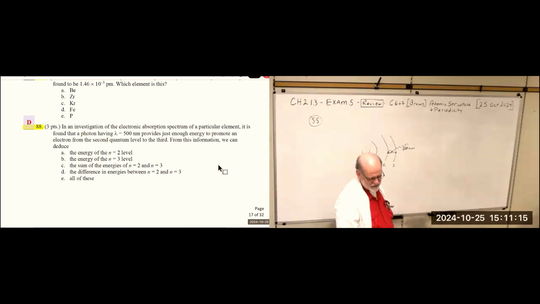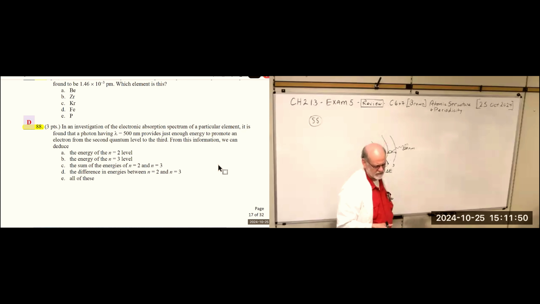Okay, A says the energy, you cannot determine from this wavelength the energies of the individual levels. You can only determine the difference in energy. Okay, so A and B can't be it. The sum of the energies? No, it's a difference in energies. So you can find out the difference in energies between 2 and 3. Now we can calculate for the Bohr atom, we can calculate the energies of each level with that equation, which has some constant value.